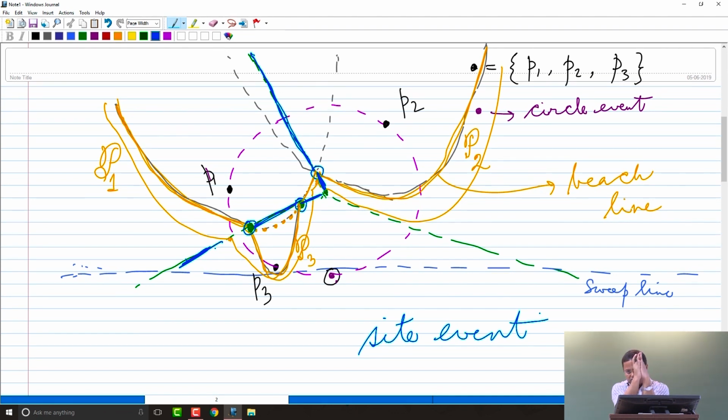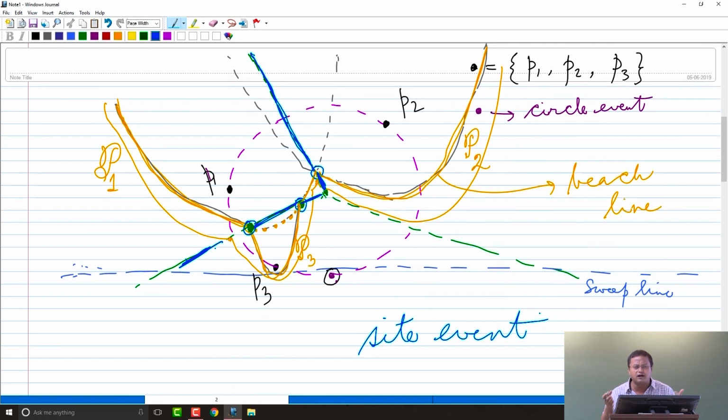First, this parabola is very slender. How do you figure out which part of the beach line it breaches? What you do is you store a left to right order of this beach line, like in this case it would be P1, P3, then again a part of P1, then P2, right. This is your left to right sequence of the beach line.